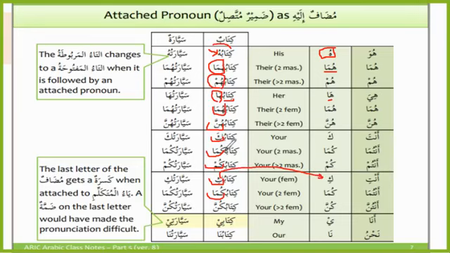All you're adding is that pronoun at the very end. Very easy. You're just adding that pronoun at the end. Kitabi. Here's the word kitab, and all I'm adding is that i right there. Kitabuna. All I'm adding is the na at the end.